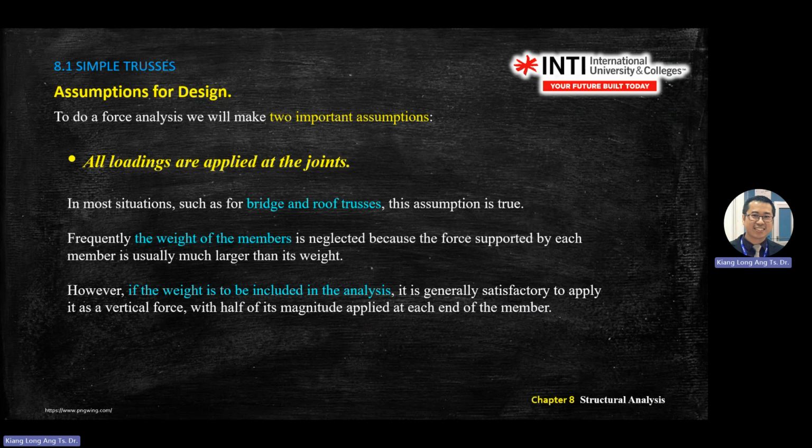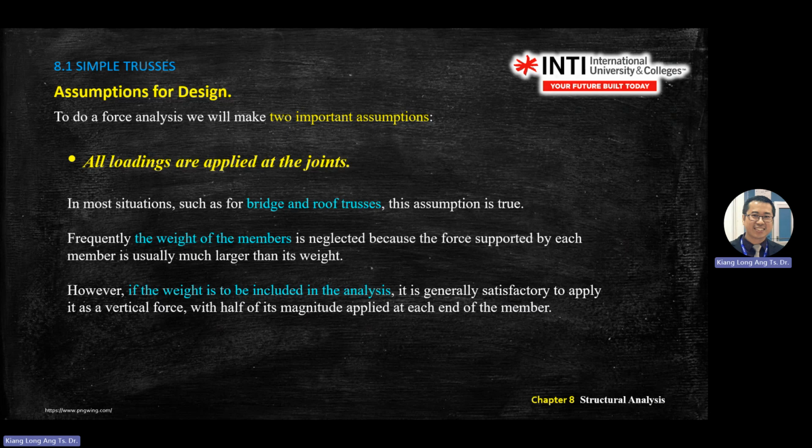First, all loading is applied at the joints. When you do structure analysis, we focus on joints. All loading applies to the joints. It is transferred to all the joints here.